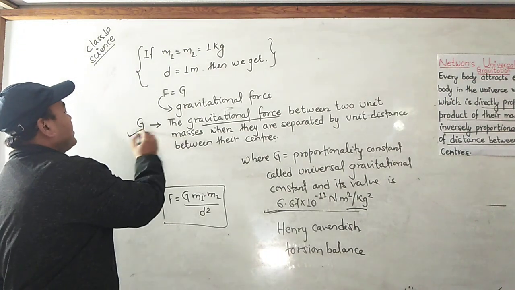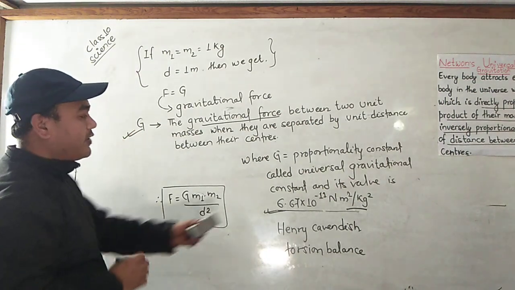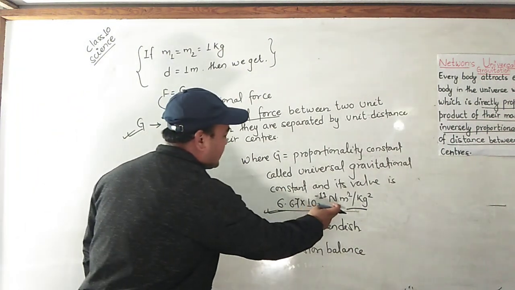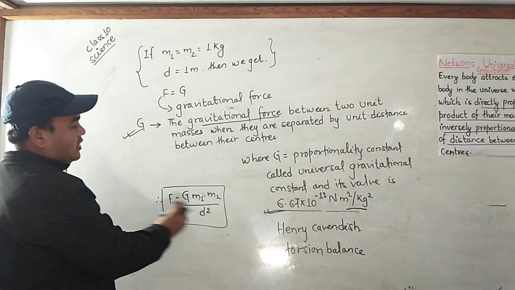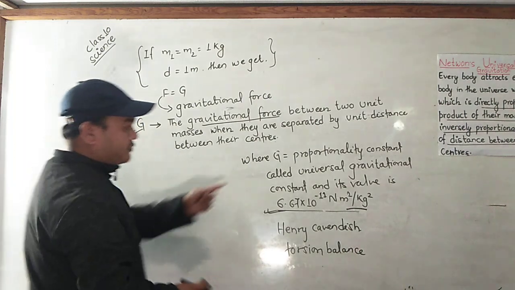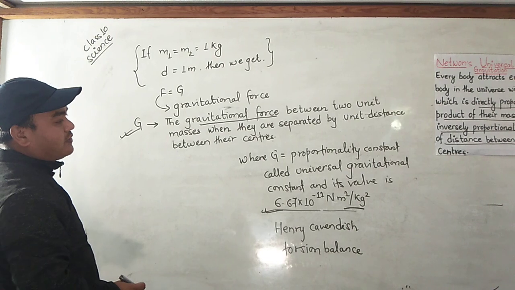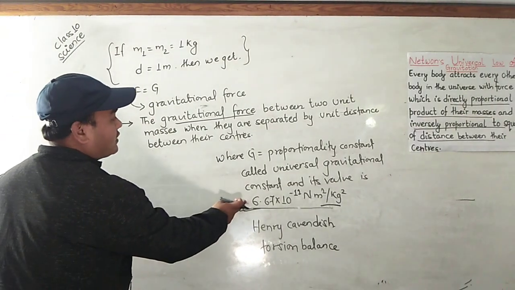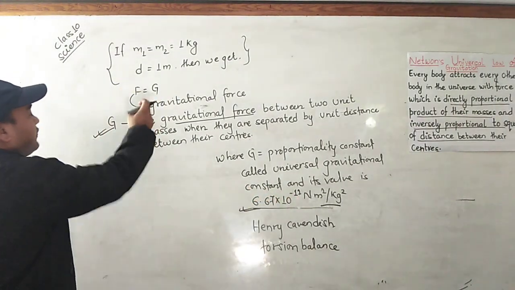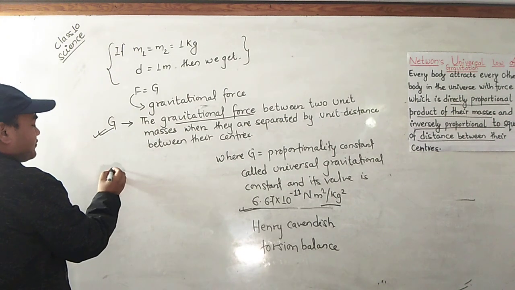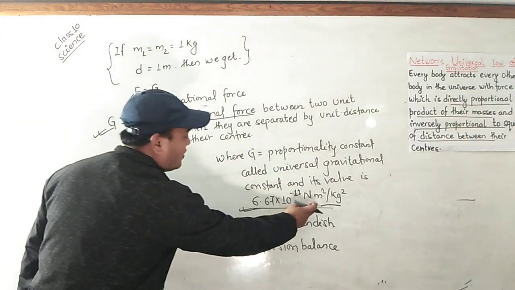Okay, remember these definitions also, and remember this value along with this unit. You have to mention the unit also while writing the value of capital G, the universal gravitational constant. If you forget this unit, then you can derive it from this relation. This is just optional, but better to memorize it.